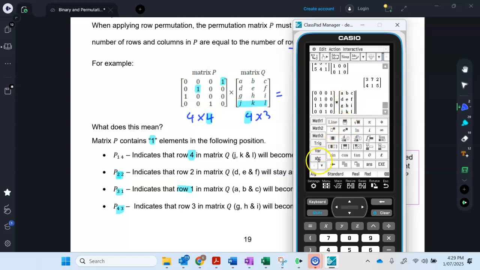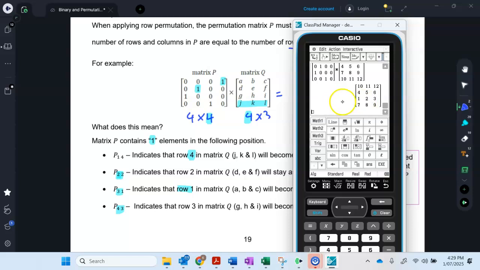So instead of using A, B, C, I'm going to use numbers just to show you. Didn't work for me. So if you got a question where you did have letters and it wasn't working, you can just use numbers, but remember what that letter represents for that number. So the number 1 would be A, number 2 would be B, C would be number 3, and so on.